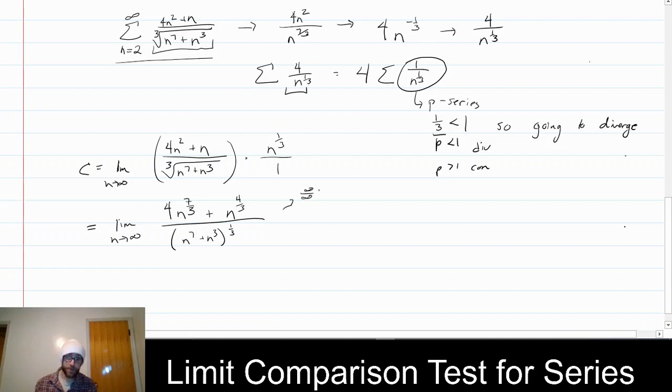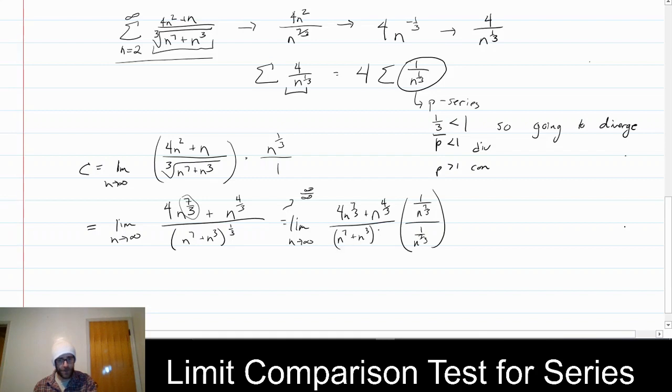So we can use L'Hopital's rule, or what we can do is divide everything by something they have in common. So our biggest exponent here is 7/3. So let's go ahead and divide everything by n to the 7/3. So 1 over n to the 7/3 over 1 over n to the 7/3. And we're going to still take the limit as n goes to infinity of 4n to the 7/3 plus n to the 4/3, and that's all going to be over n to the 7th plus n cubed all to the 1/3.